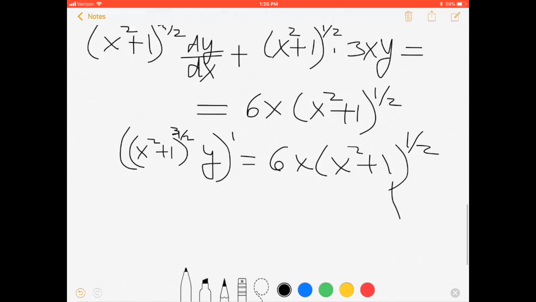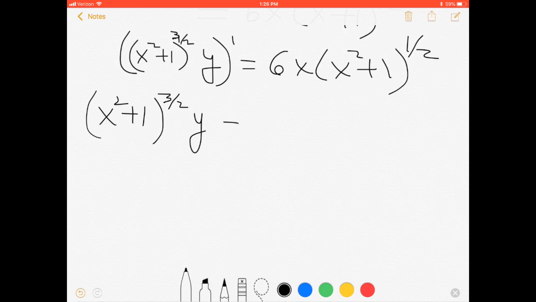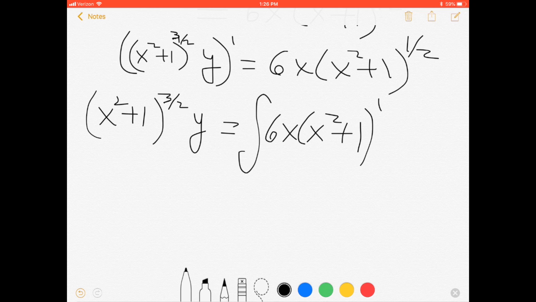Okay, this means now we take the antiderivative, and this gives us (x squared plus 1) to the 3 halves power y equals the integral of 6x (x squared plus 1) to the 1/2 dx.